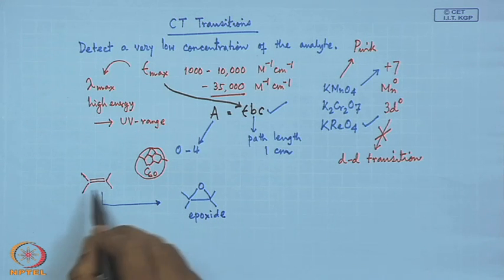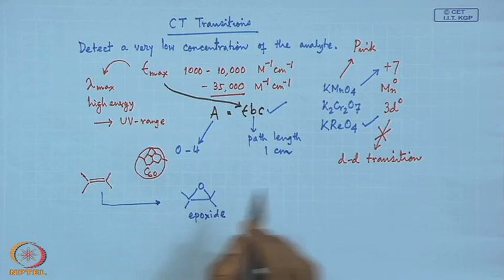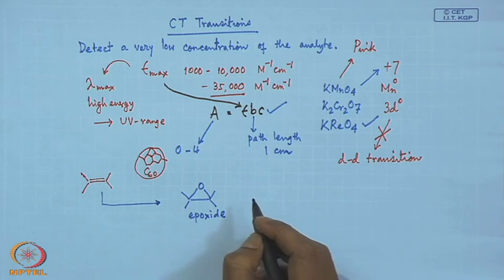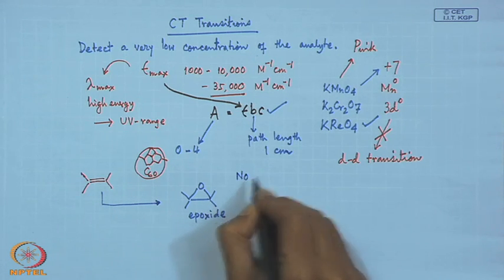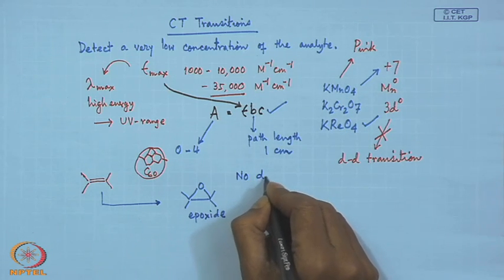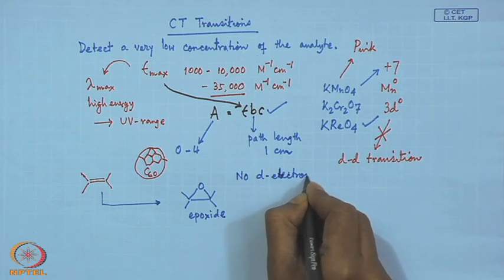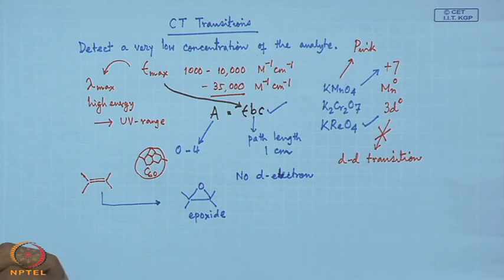If we go for a certain amount of epoxide formation, this is also colored. But in this particular case, unlike potassium permanganate, we do not have a d electron in the system, but still these are colored. So, why is it colored?